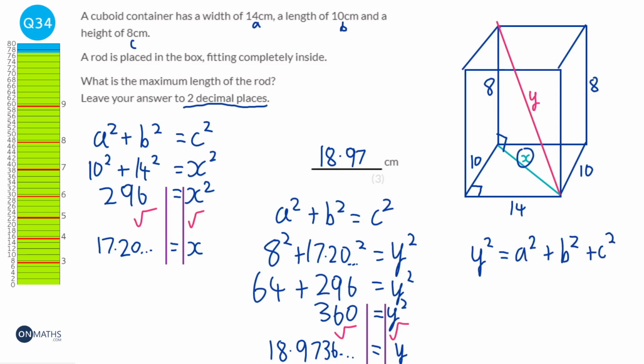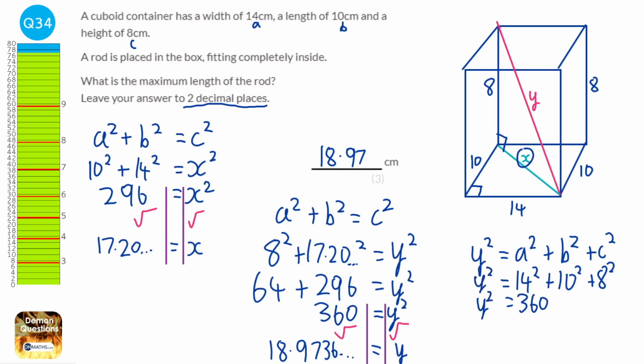It's basically the width squared plus the length squared plus the height squared. And so we would have had 14 squared plus 10 squared plus 8 squared. And when you've done that, you would have got 360. And this would be y squared equals 360.